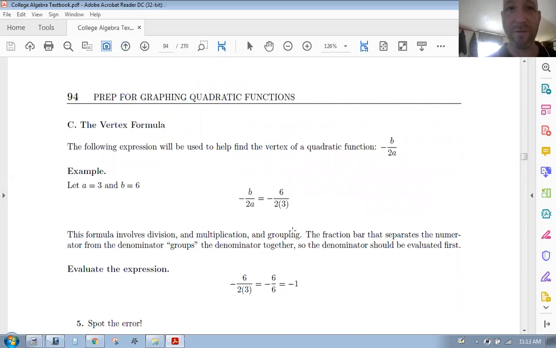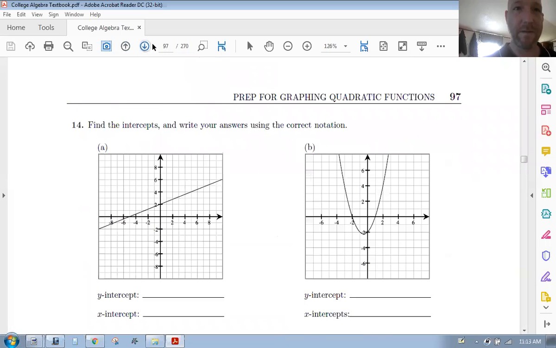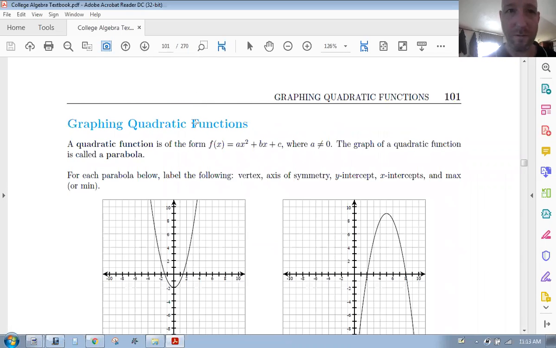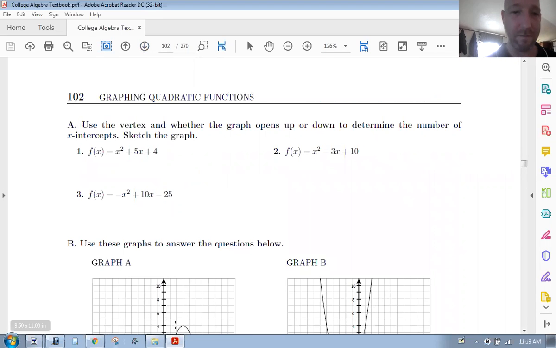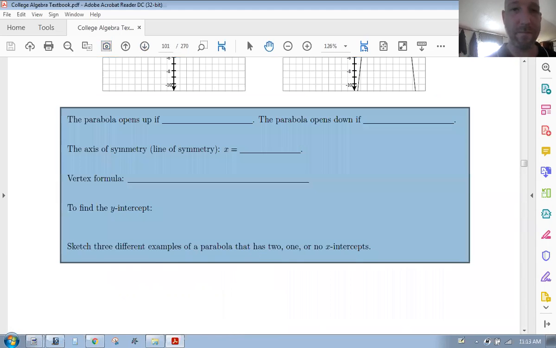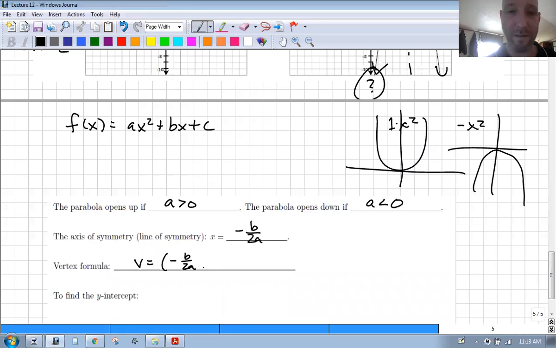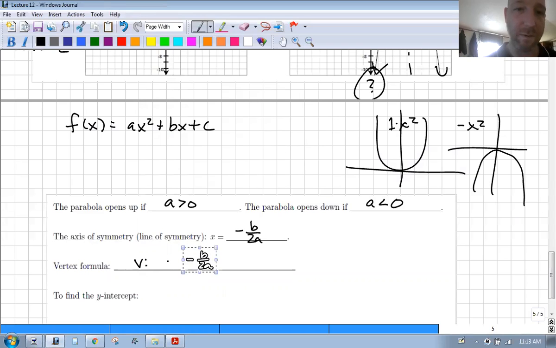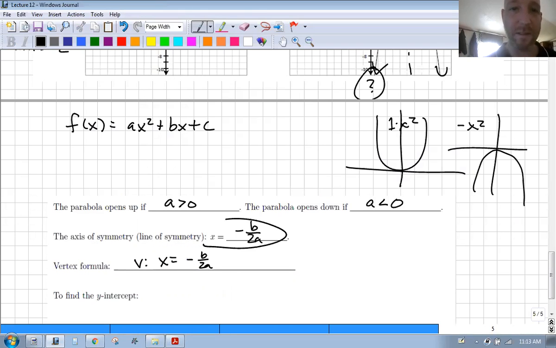Yeah, negative b over 2a. That's your x value. Well, let's write this correctly. Your vertex formula is exactly this: x equals negative b over 2a.